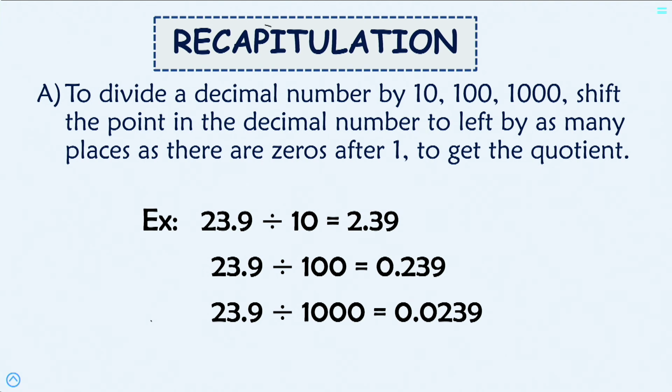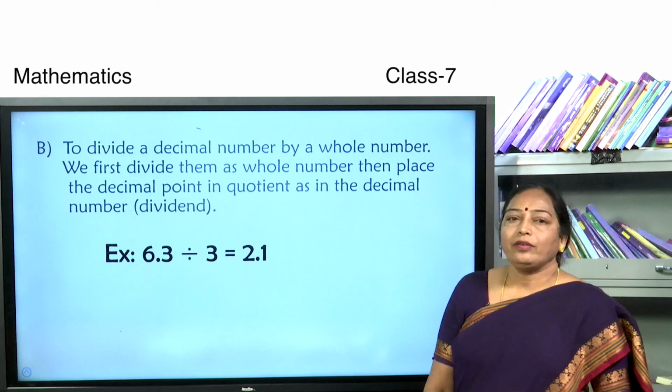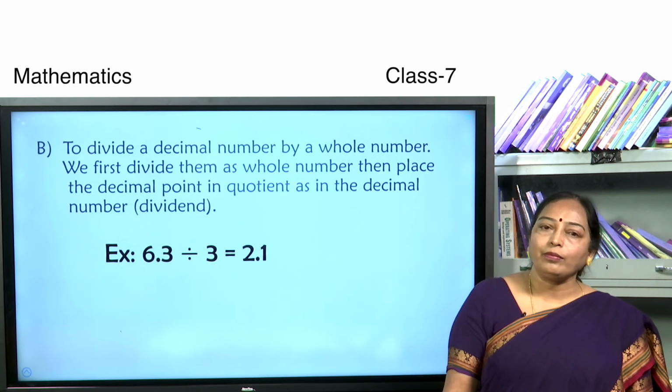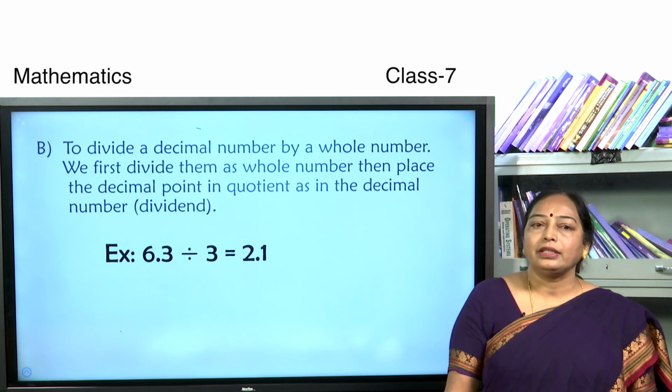So, we shift the decimal point 2 places towards the left. In the third example, 3 zeros are there in the divisor part. So, we have to shift the decimal point 3 places towards the left. So, it is 0.0239.